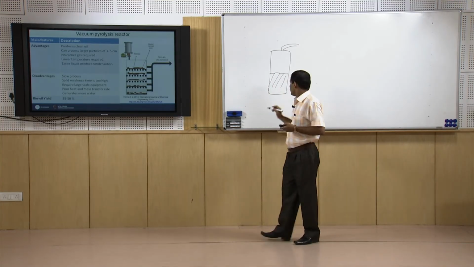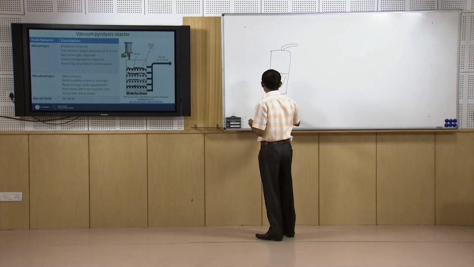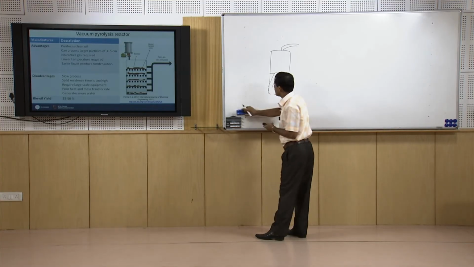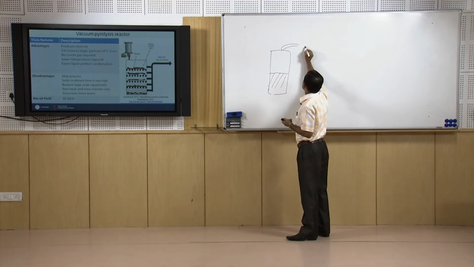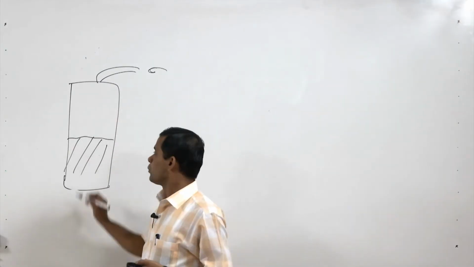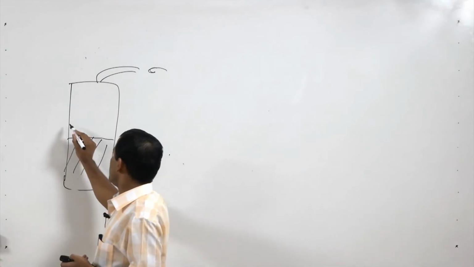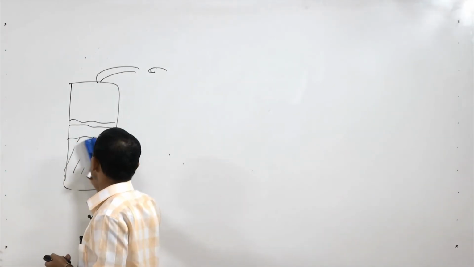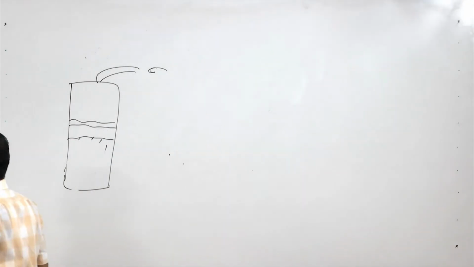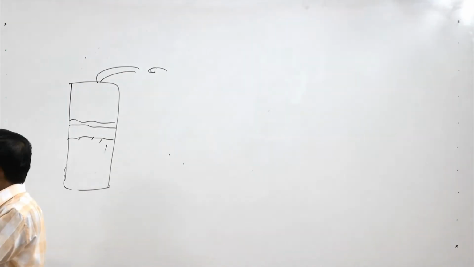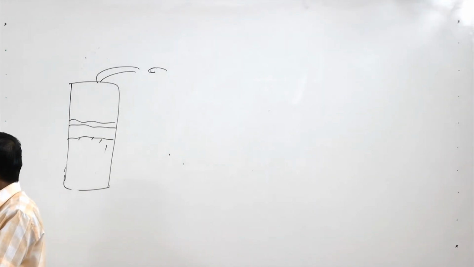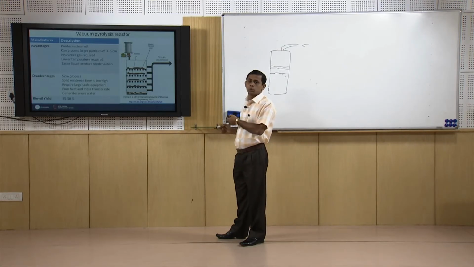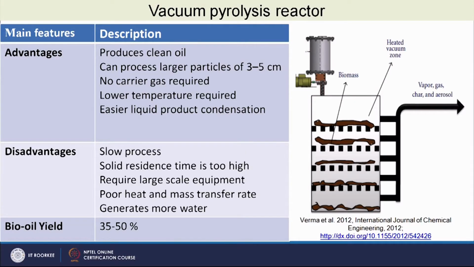Now, if we do not flow the sweeping gas and instead put some vacuum here, the material can be put into different trays as shown here. Some vacuum is created here, so that we do not need to provide any inert gas to carry the vapor produced inside the pyrolyzer.